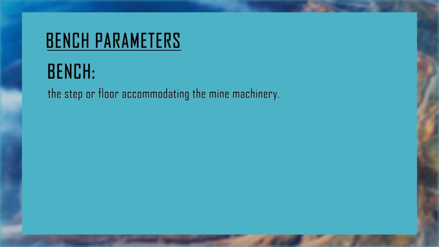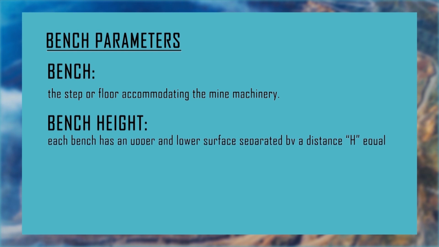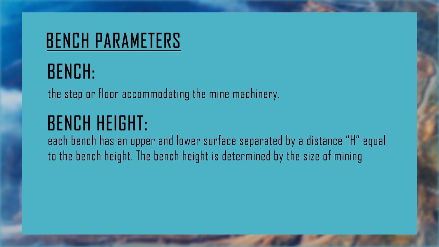Bench is the step or floor accommodating the mine machinery. Bench height: each bench has an upper and lower surface separated by a vertical distance h equal to the bench height. The bench height is determined by the size of the mining equipment and formation of the area.